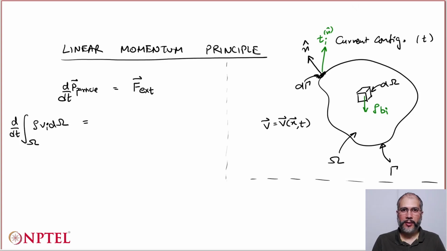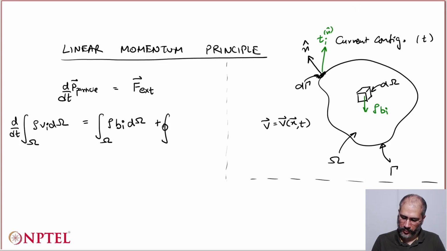And on the right hand side, since we categorize all the forces into body and surface forces, first we write the contribution of F external from the body forces. So we integrate over the complete volume to add all the body forces, and then we say rho times b i, which is the body force per unit volume, times d omega. And then we have the integral for the surface forces on the bounding surface of this volume.